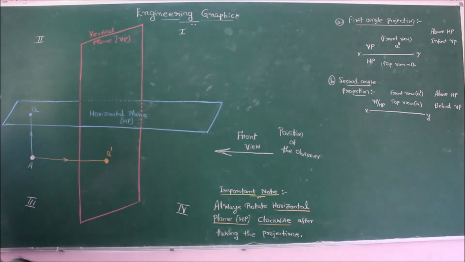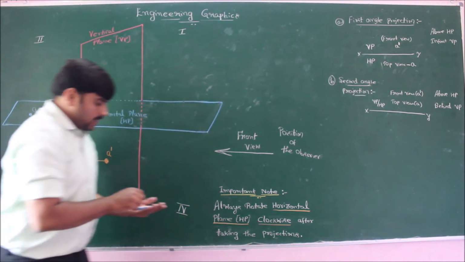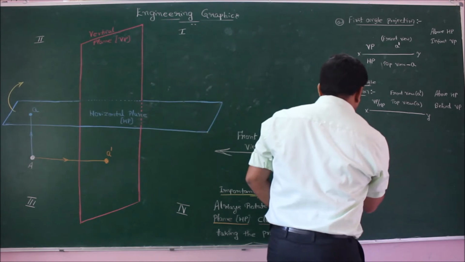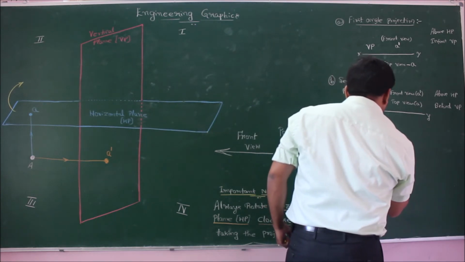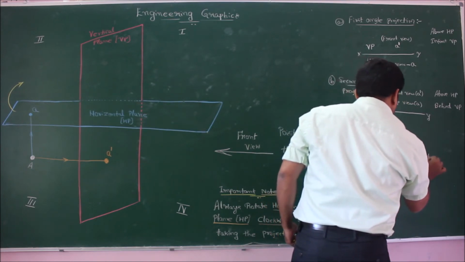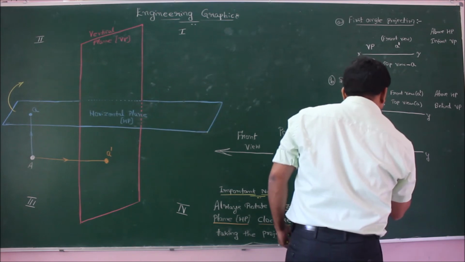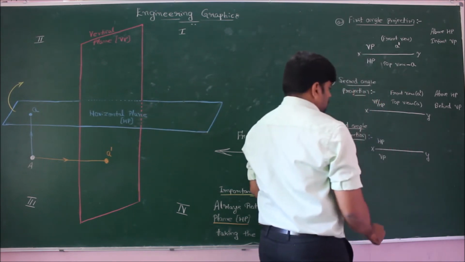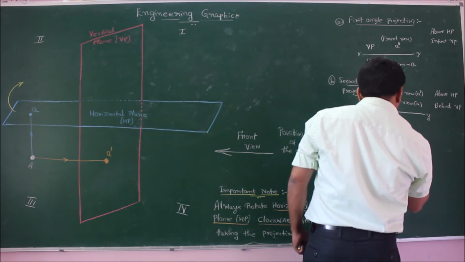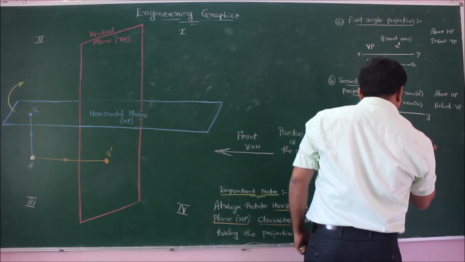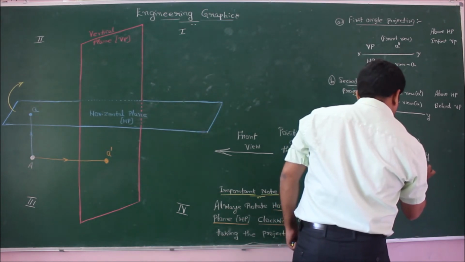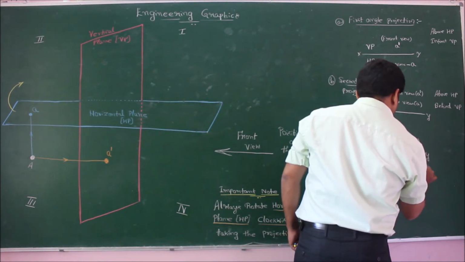Therefore, in the third angle projection, when the point lies in the third quadrant, above the XY line we have the horizontal plane, and below the XY line we will get the vertical plane. So here we will represent the top view, which is A, and here we will represent the front view, which is A prime or A dash.